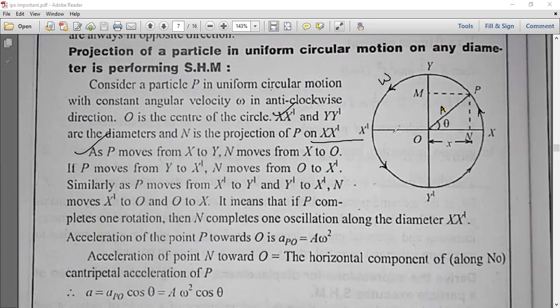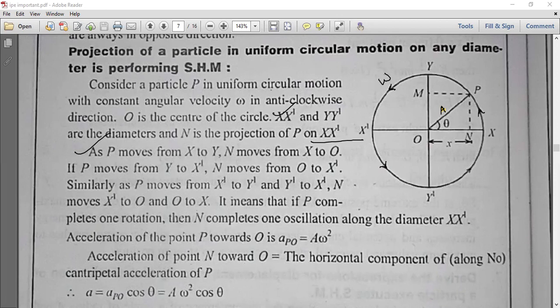Like this. Similarly, as P moves from x dash to y dash, N moves from x dash to O and O to x. So it means that if P completes one rotation, then N completes one oscillation along the diameter x dash. This is just the theory part, you can write down.